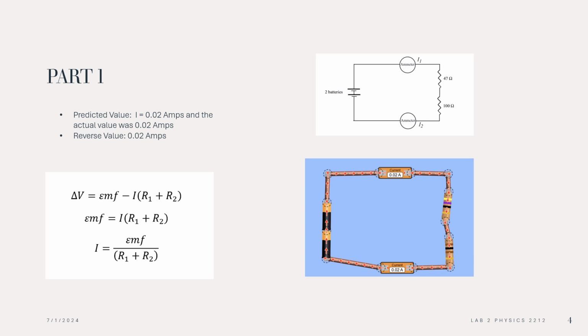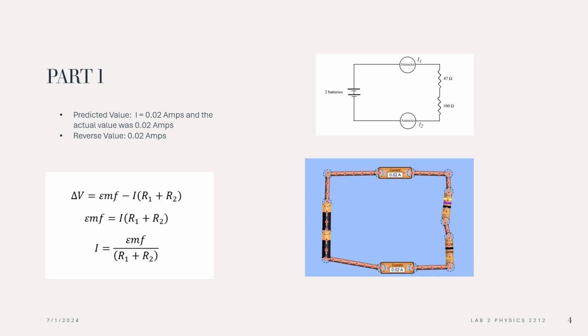After we did the equations shown on the left and plugged in some values, we used 3 volts for the EMF. Resistor 1 was 47 ohms and resistor 2 was 100 ohms, respectively. Then we could predict the value of I that we should see in these ammeters. Because these resistors are in series, they should have the same current value, since it's a property of in-series components that they share current in and current out.